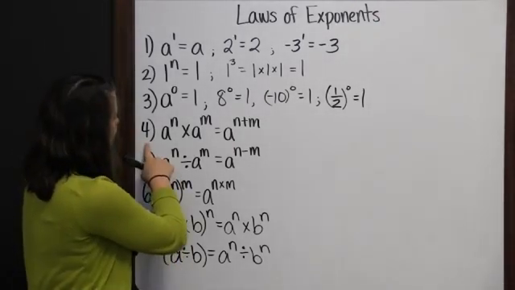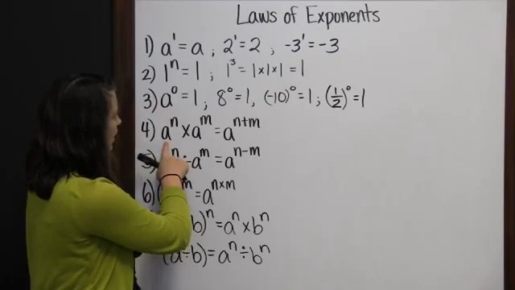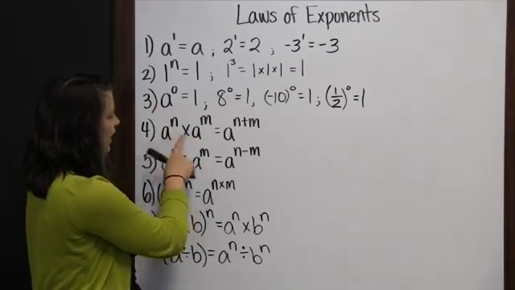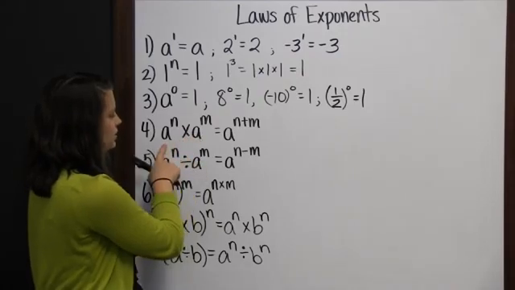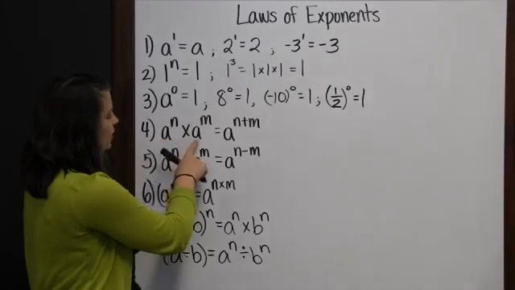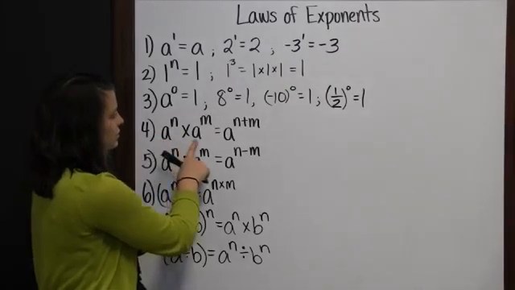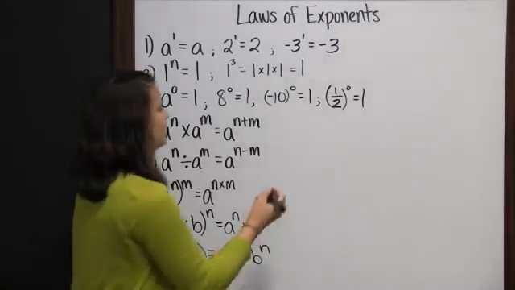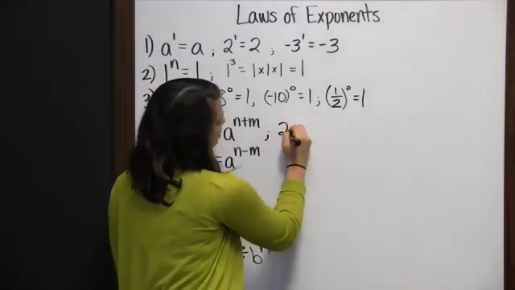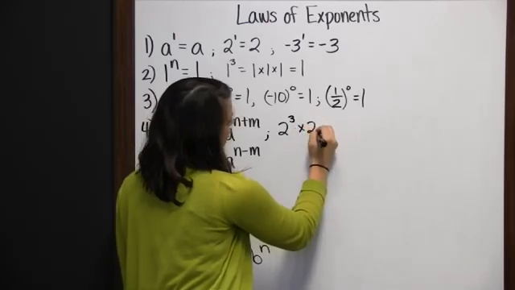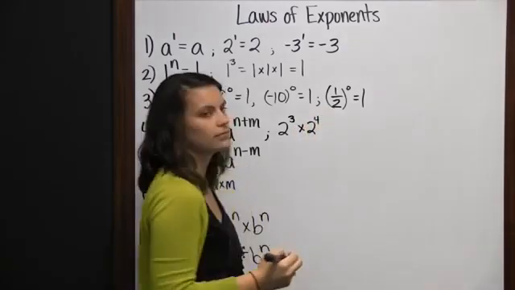The fourth law is when you're multiplying with the same bases. So notice a and a, our bases are the same, but we have different exponents. When you multiply numbers with the same bases, you add the exponents. Let's look at why. Say we were doing 2 cubed times 2 to the 4th.